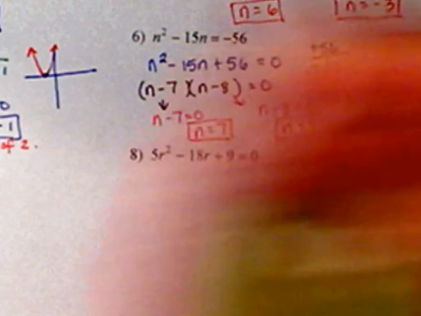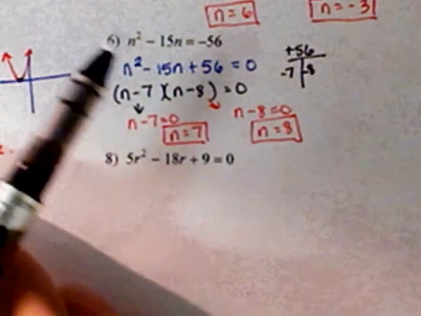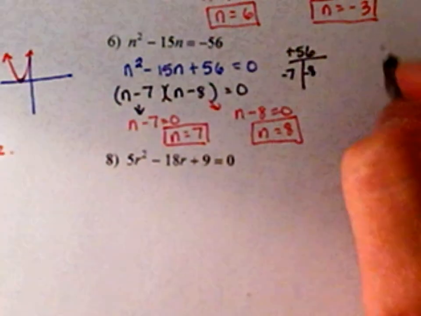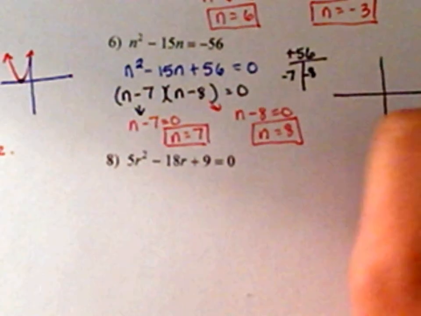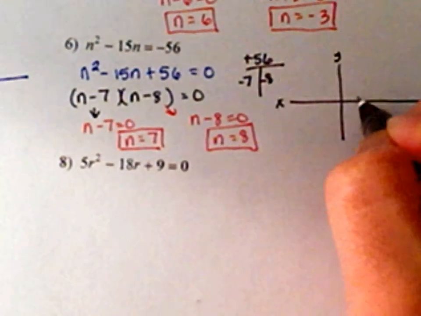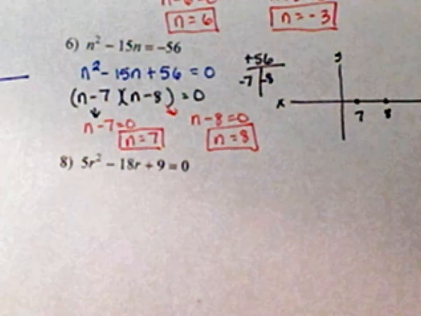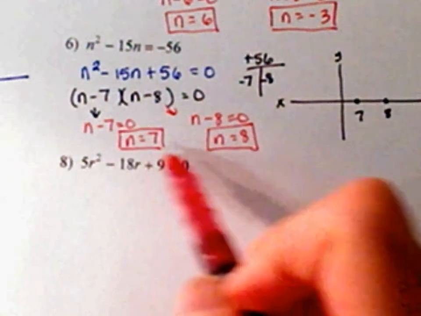Now let me show you what the graph of number 6 looks like in comparison to number 5. Okay? This is your x, this is your y. Here is 7, and here is 8. So when you have roots, this is where you're crossing the x-axis.